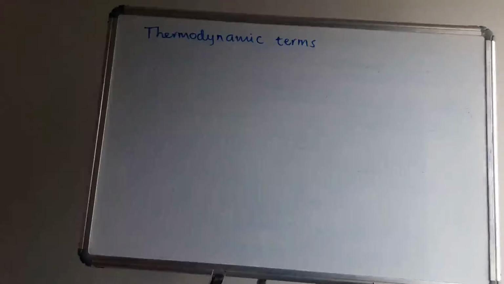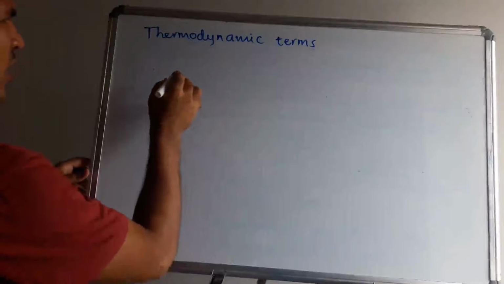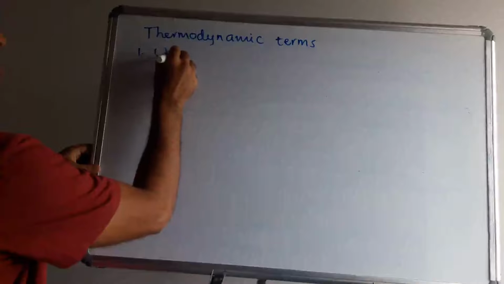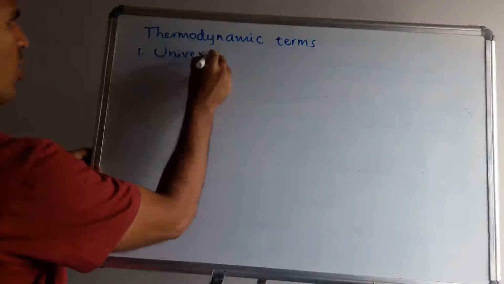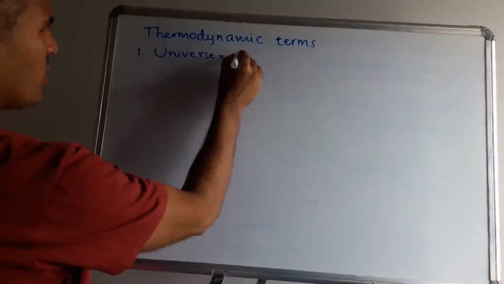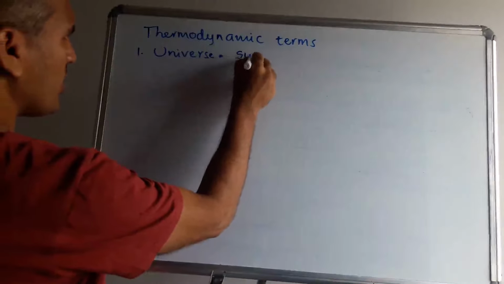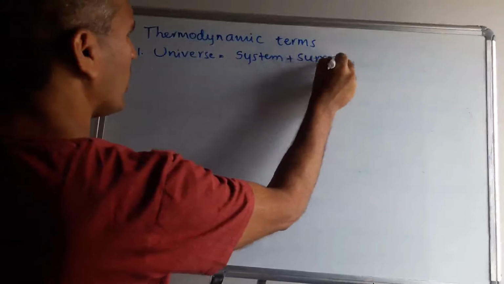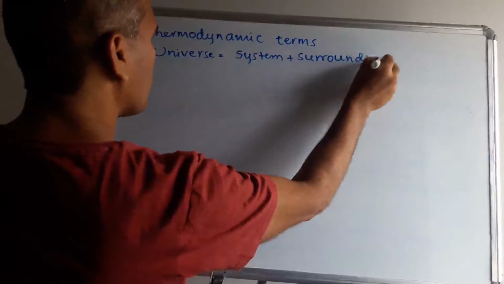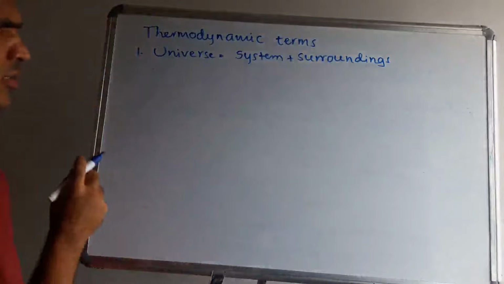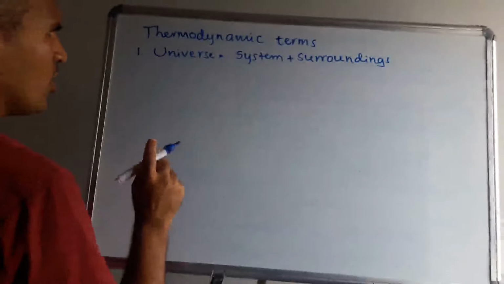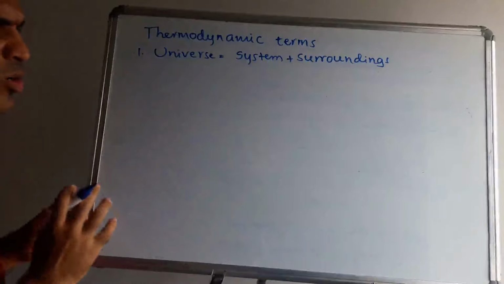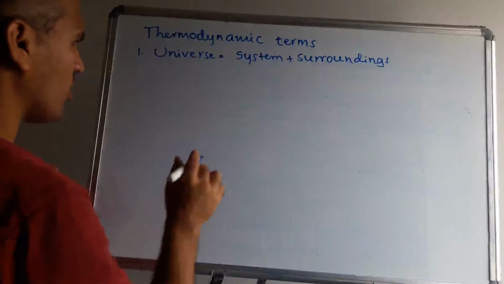Now thermodynamic terms. In these thermodynamic terms we have one, the universe. Universe is a combination of system plus surroundings. So what is a system, what is a surrounding, now we will discuss. Universe is a combination of system plus surrounding.